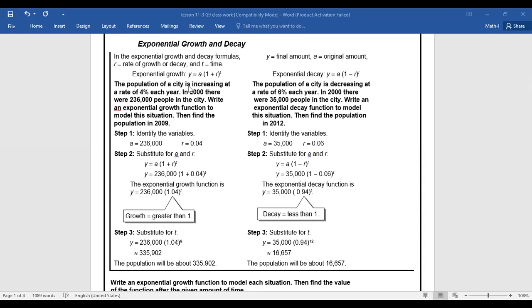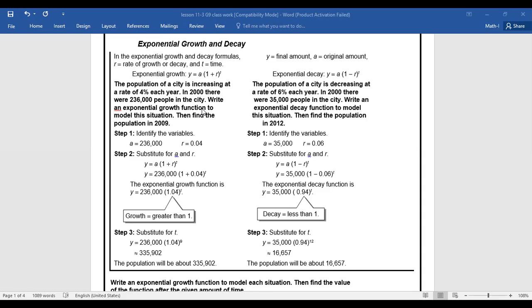2009 minus 2000. So step one, we have to identify the variables. We look at the problem at the top and search for where the original amount is, which is a. It was 236,000. And where is r? It's 0.04. And where is t? t is 9 years. Then we will write, because if you go back to the question, it said write an exponential growth function.